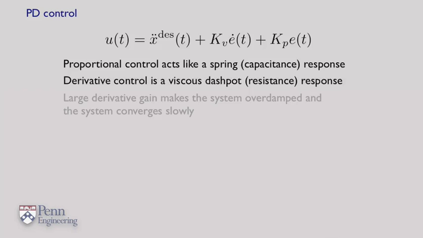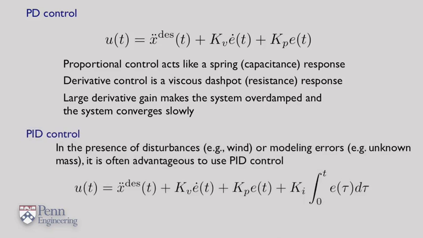So this is like a viscous dashpot or a resistance in an electrical system. By increasing the derivative gain, the system essentially gets damped, and you can make it over-damped so that it never overshoots the desired value. In exceptional cases, you might consider using a more sophisticated version of the proportional plus derivative control.